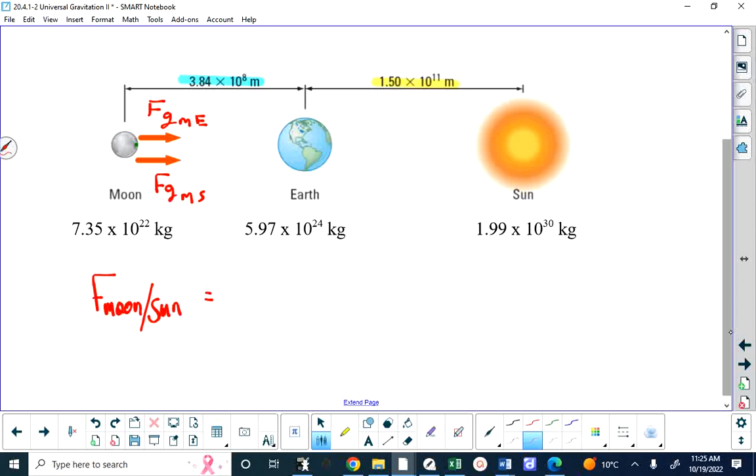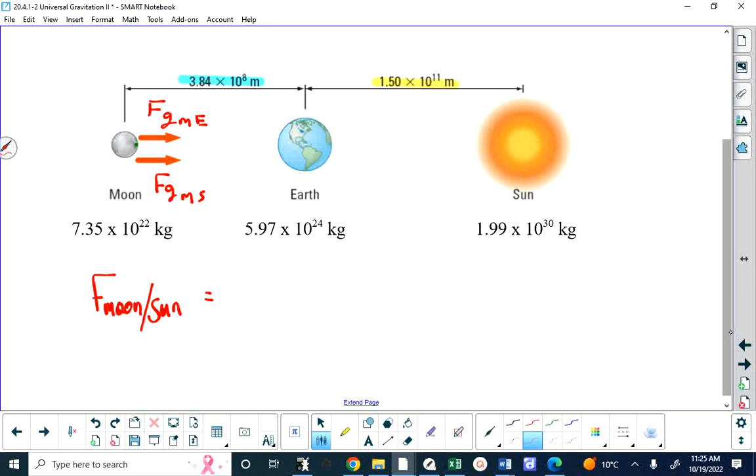It doesn't matter which one. Let's do the sun first. Think about this for a second. If you are already calculating, make sure you get the right answer, for goodness sake. But I don't want you to miss something.